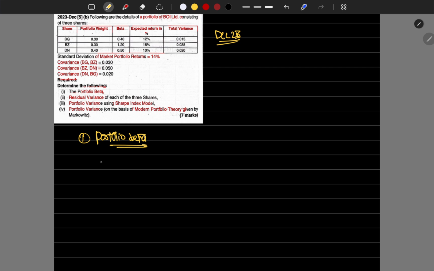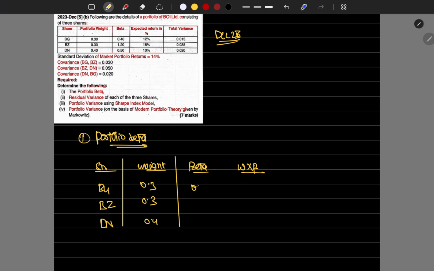Share, weight, beta, weight into beta. For BG, BZ, DN, what's the weight? 0.3, 0.3, 0.4. What's the beta? 0.4, 1.2, 0.5.